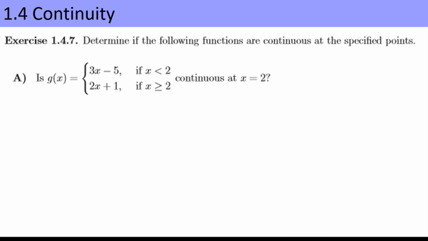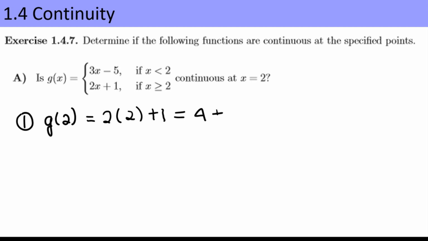So let's begin with, does the function exist at g of 2? For g of 2, we use the second piece because the restriction is x is equal to or greater than 2, so we evaluate 2 times 2 plus 1. That is 4 plus 1, so yes, the function does exist, and that function value is 5.